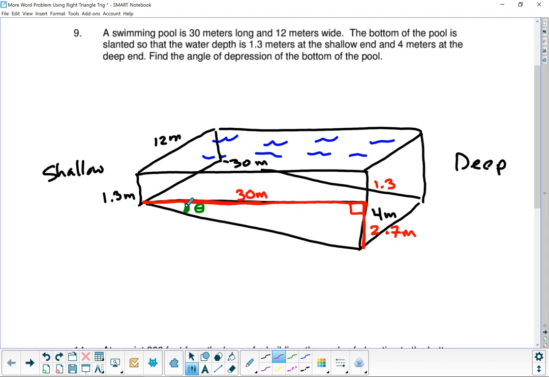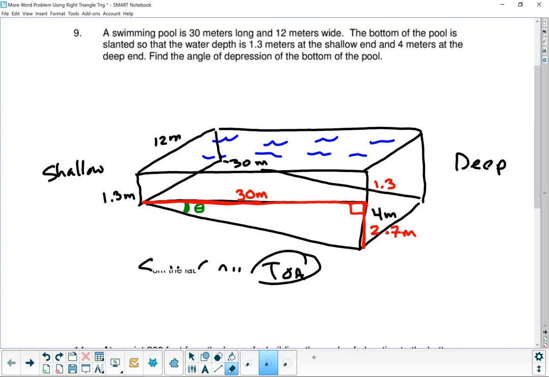So we want to find the angle of depression. If we're at that theta here, this would be the opposite and the adjacent. All right, so with SOHCAHTOA, opposite and adjacent is going to be the TOA. So we would need to do a tangent.